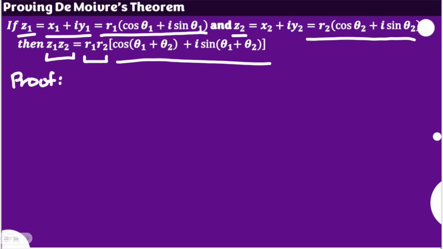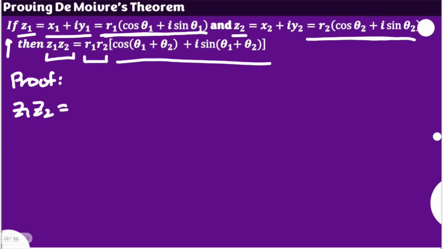Okay, we are going to let the given stay as it is. So we're not going to write here the entire representation for z sub 1 and z sub 2. Let's simply stick to this as part of our proof. So what we can do here is, when we multiply z sub 1 and z sub 2, we are going to multiply these two notations here.